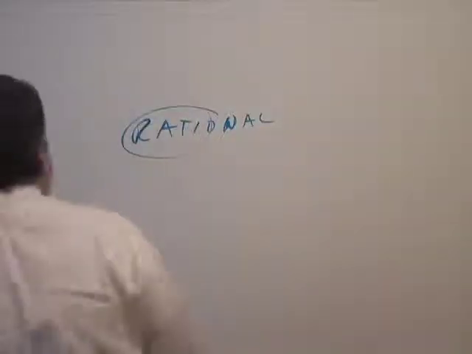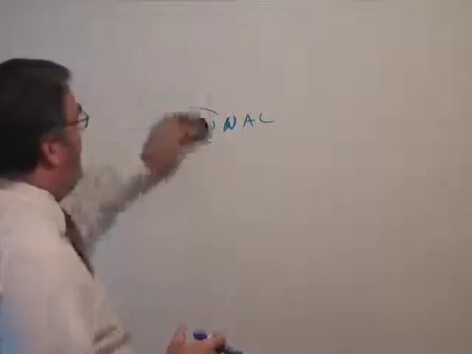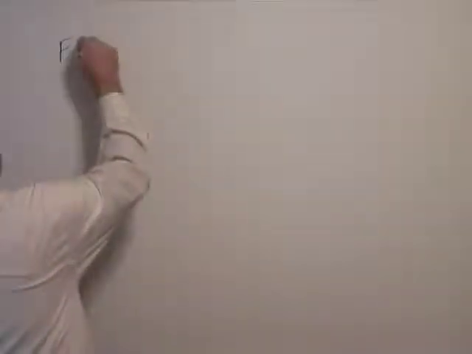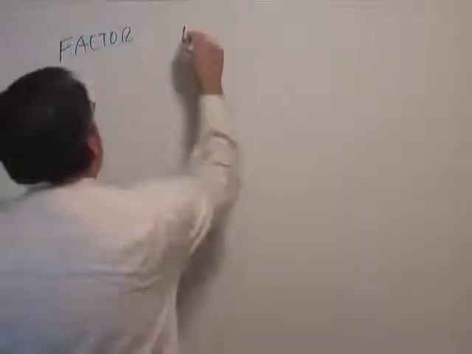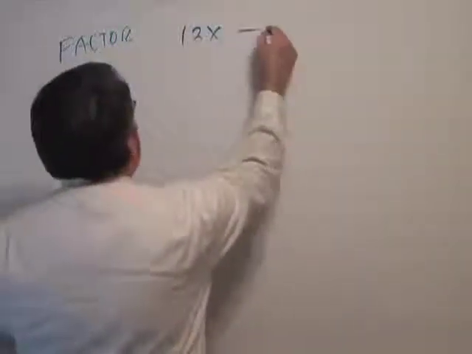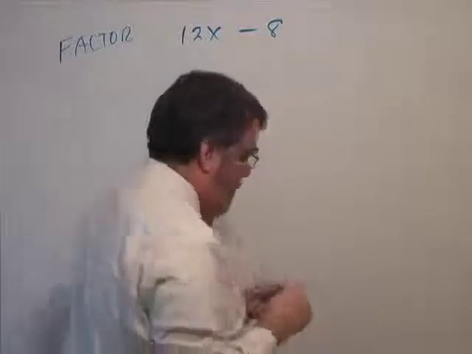In this topic, I'm just going to review factoring the greatest common factor out of a polynomial. So here's a real simple one. Let's factor the following: 12x minus 8.